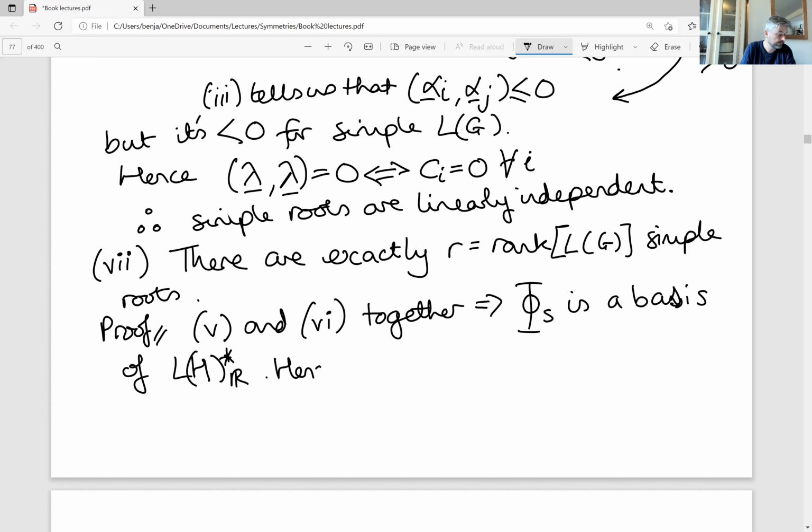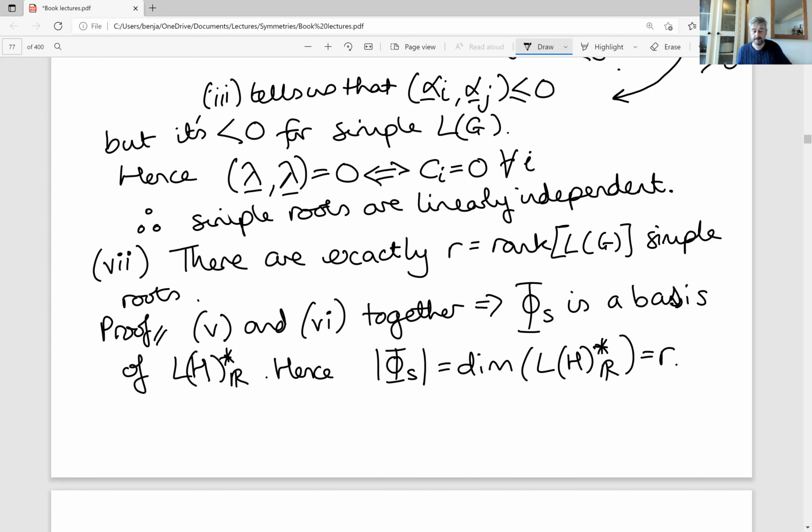So therefore, the size of this set of simple roots is the dimension of our dual space, and this, of course, is r. The real dimension is r.